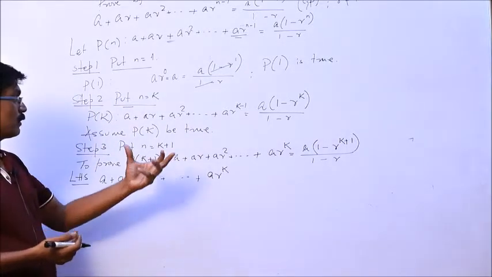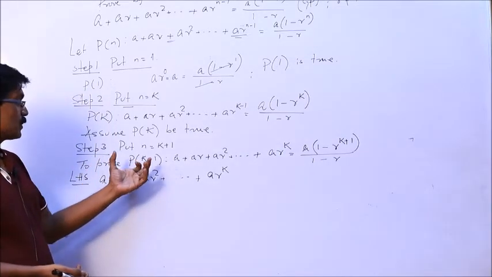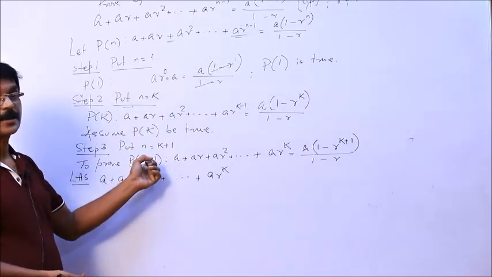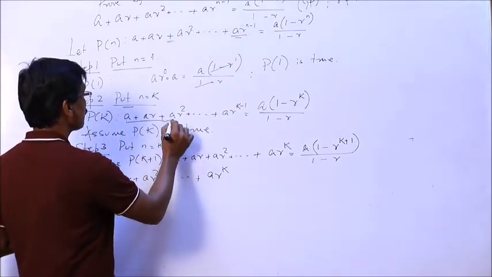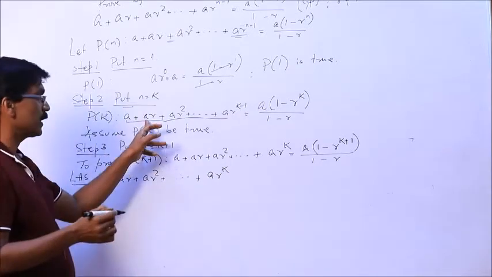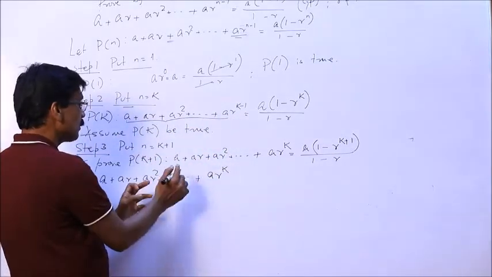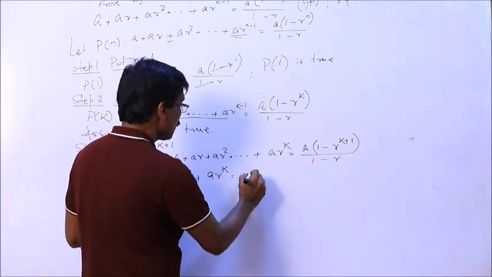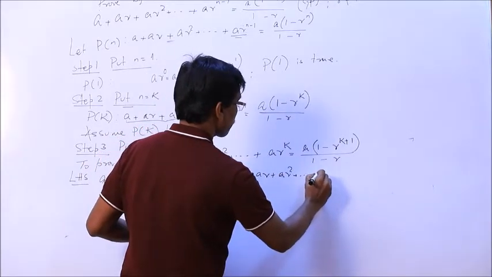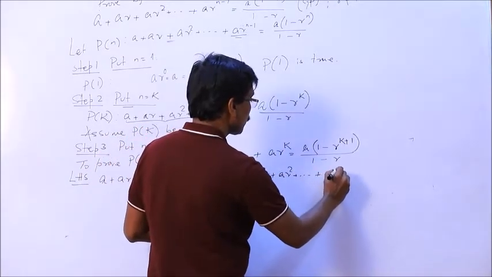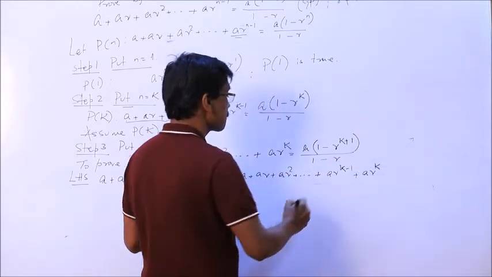Now, in all the induction method, we use the result Pk to prove Pk plus 1. So, in Pk, the left hand side is a plus ar up to ar to the power k minus 1. So, we write just one previous term, that is a plus ar plus ar square up to a r to the power k minus 1 plus a r to the power k.